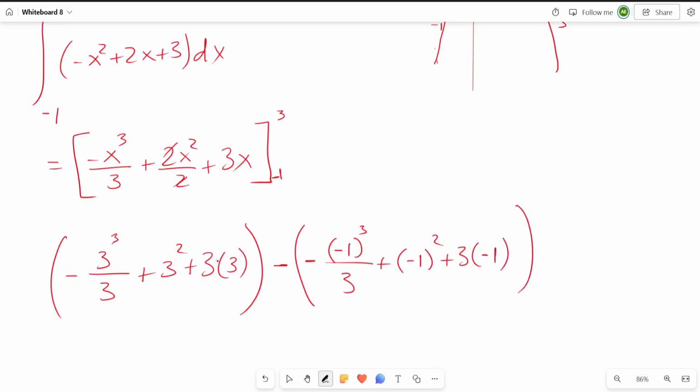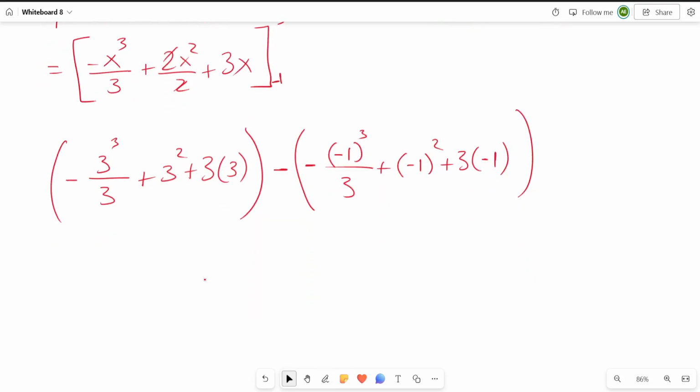So over here, I can compute this. So this is going to be 3 squared, so it's 9. So this is minus 9 plus 9 plus 9. So this and this will cancel, so I'll have a plus 9. And then minus this, okay, negative 1 power 3 is negative 1 times negative 1 is basically positive 1.